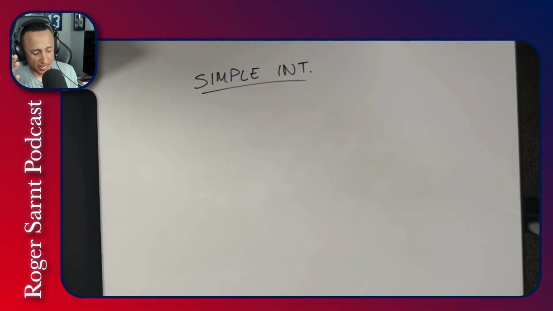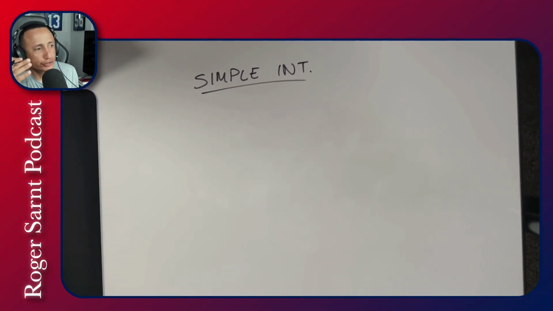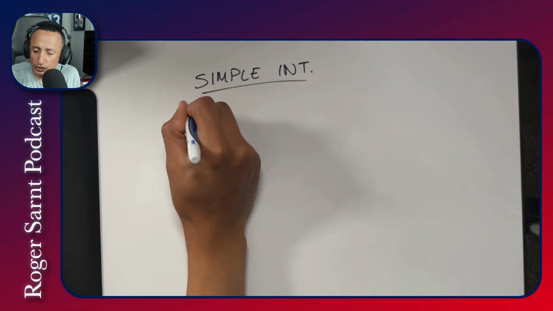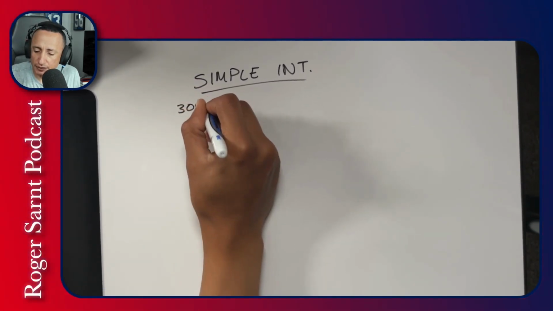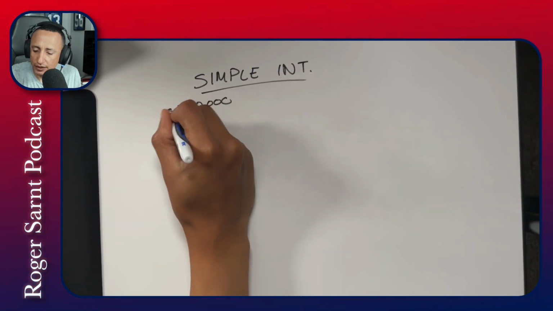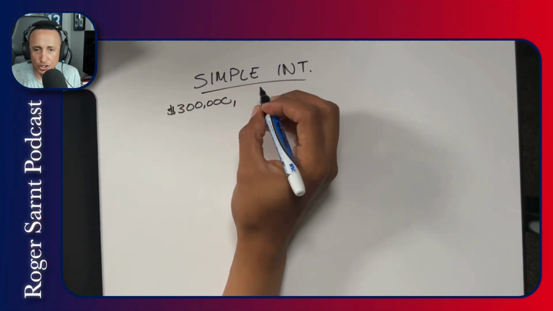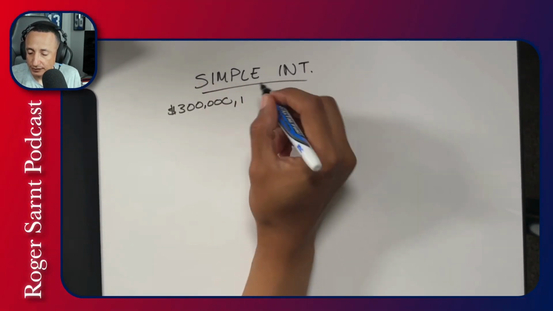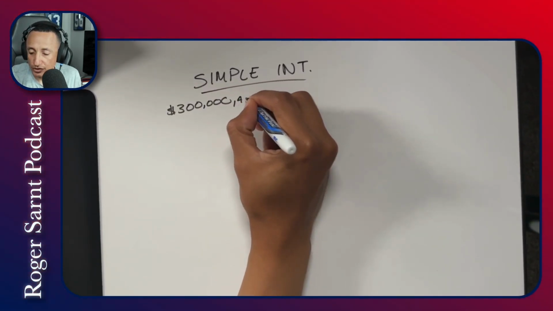And that's going to be, let's say, for instance, you're trying to get a home loan, and that home loan is $300,000, right? 300K. And your interest rate, right? Your rate is 4%.